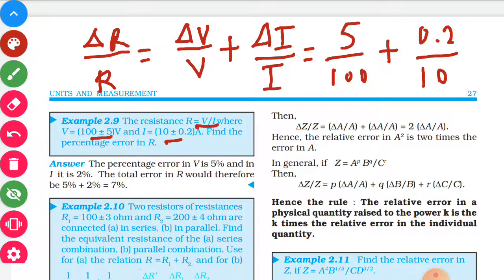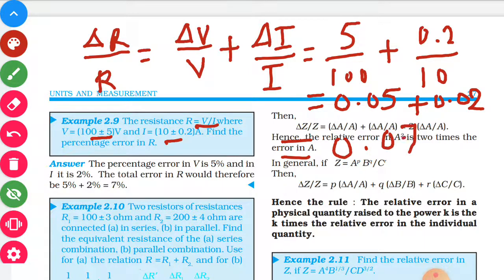So this becomes 0.05 plus the other one will be 0.02. So if you add these two, then you will get 0.07. So this is the relative error in resistance.